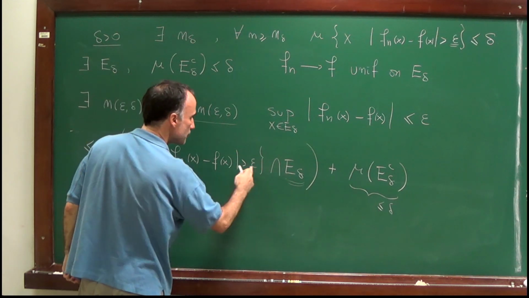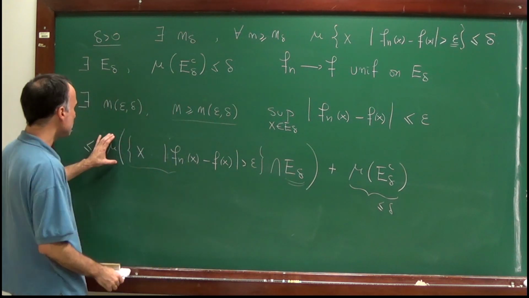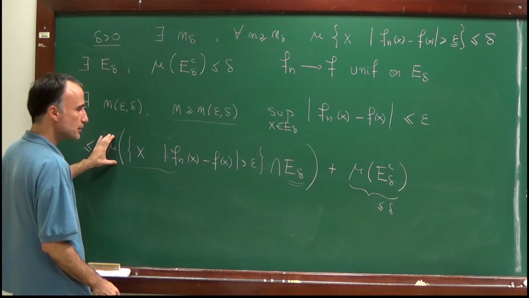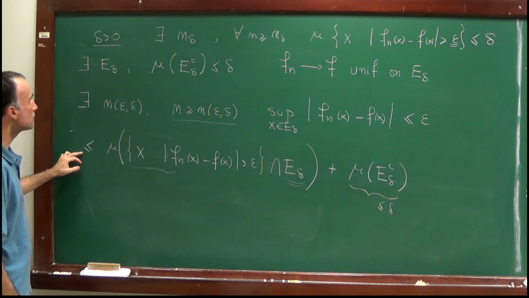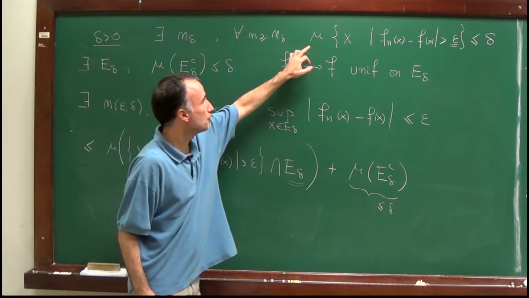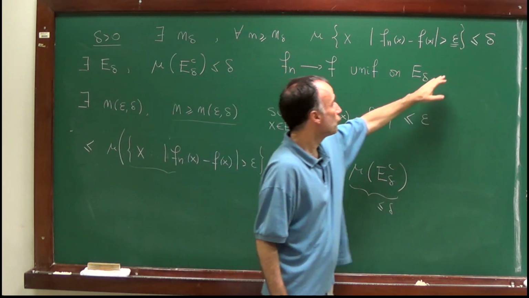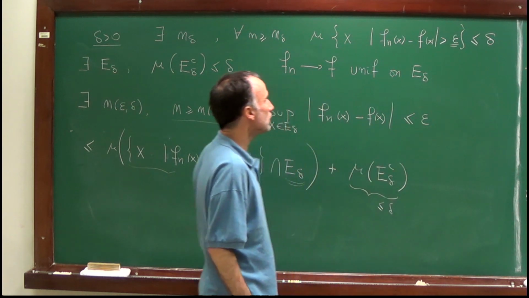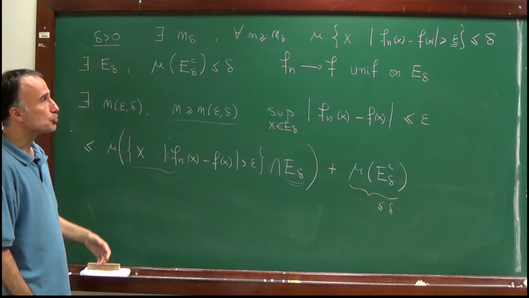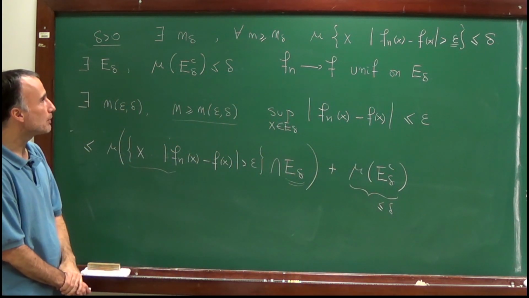So the intersection of these two sets is empty, and therefore the measure of this set is equal to 0. And this proves that the measure of this set is bounded by delta, which is exactly what we wanted to prove, and this completes the proof of the lemma.